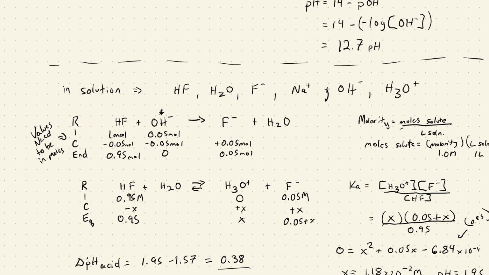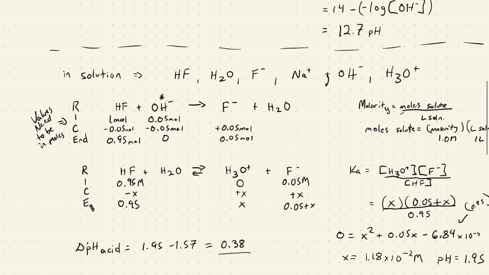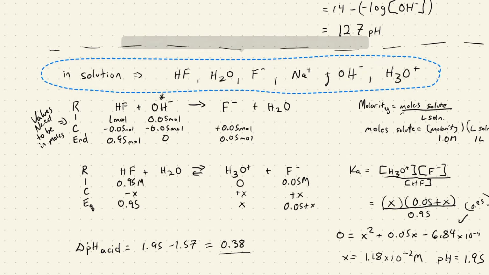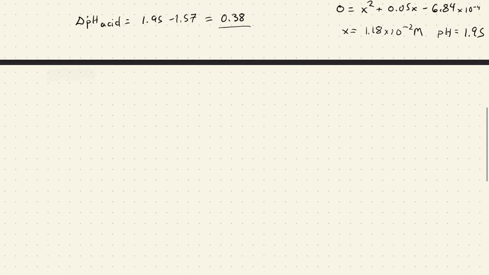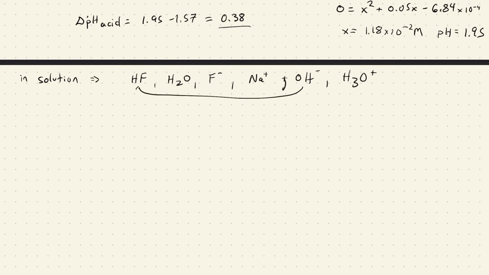Okay, so let's take a look at the buffer solution this time, the buffered solution this time. So now in our buffered solution, we have all the same things that we had before. So here's our things in solution. Okay, so once again, the hydroxide ion is going to react with the HF.